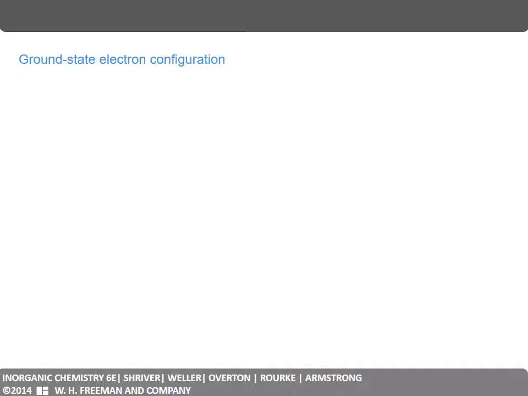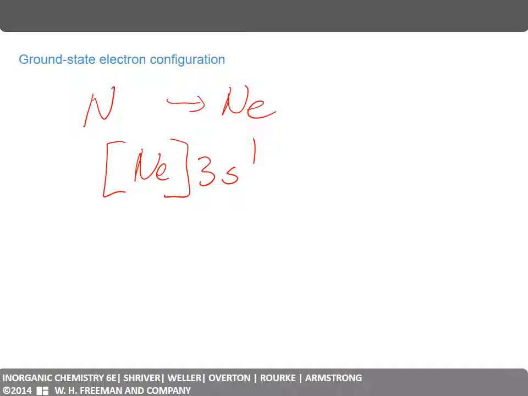So for example, let's look at sodium. Sodium is basically neon plus one more electron, so we can represent that as a neon core and then 3s1, right? So instead of writing 1s2, 2s2, 2p6, and then 3s1.